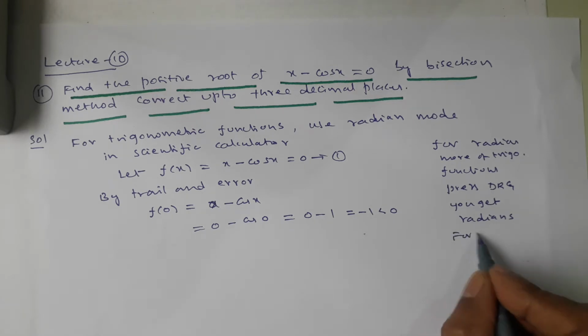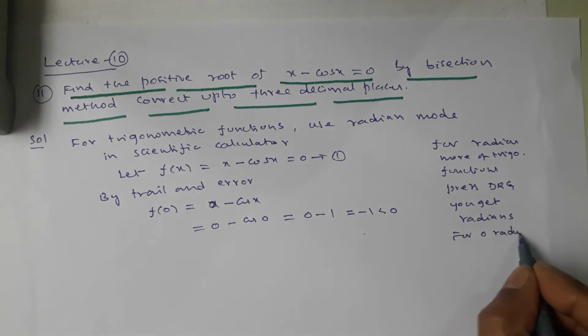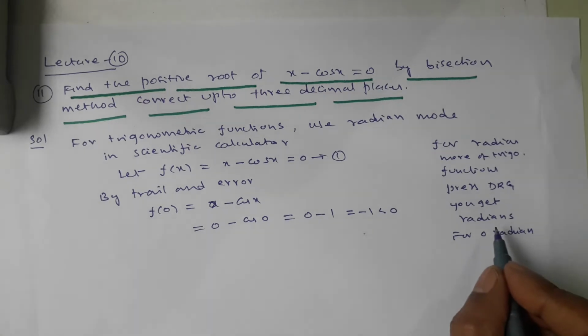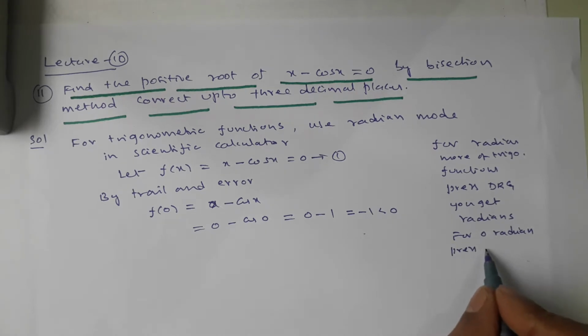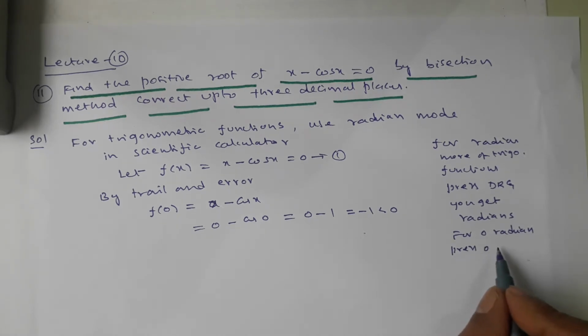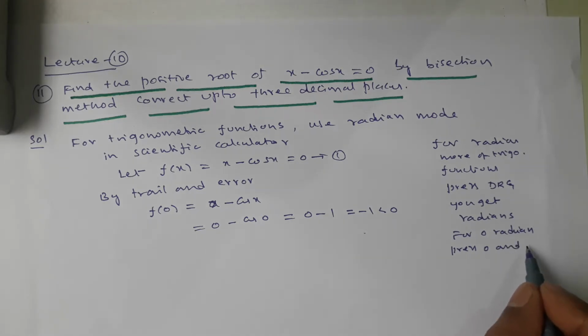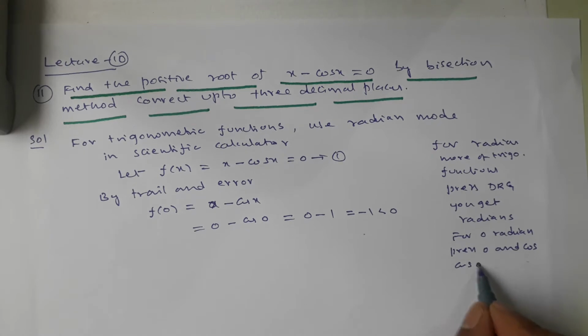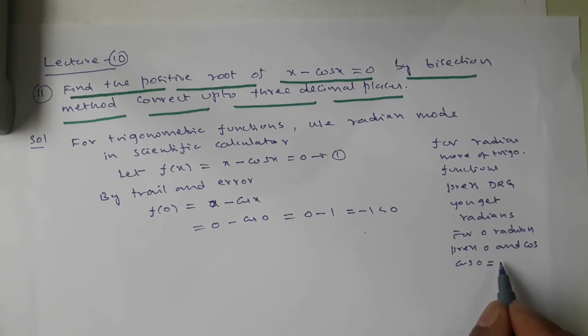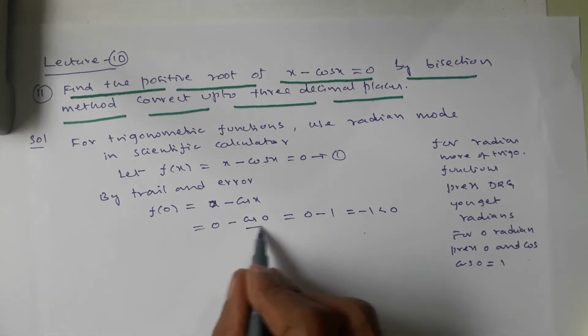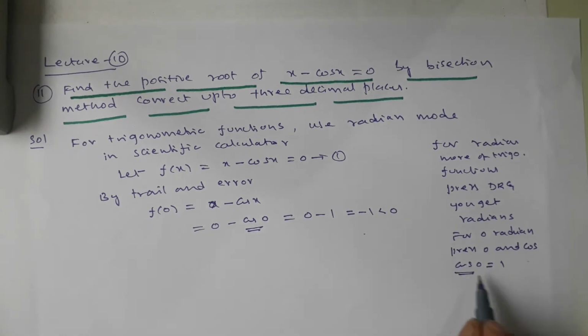For 0 radians, press 0 and cos, that is cos 0 is equal to 1. So here we have the cos 0. So the cos 0 is 1.